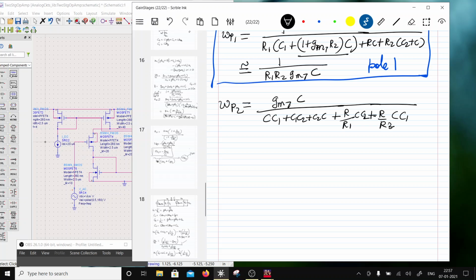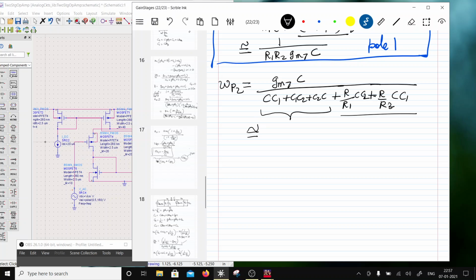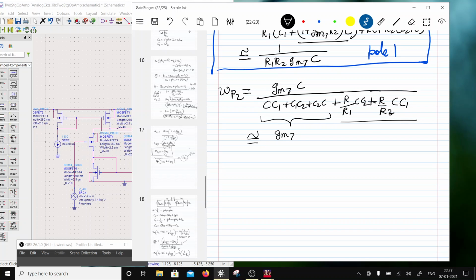Right? So basically this is going to be a big term, this is going to be a small term, so this would be approximately equal to gm7 C. So this C I will take in the denominator, so I'll have C1 plus C2 and then C1 C2 by C, and if C is much larger than C1 C2, because it will obviously be, then this term will be 0.